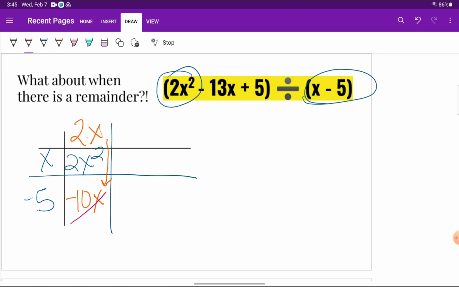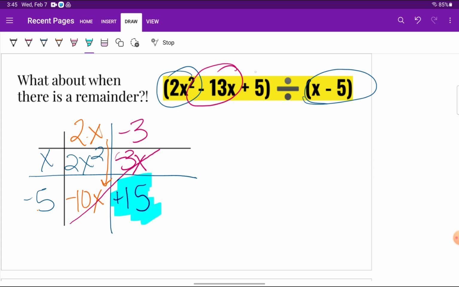Negative 10x plus something is negative 13x, so I need negative 3x. What do I multiply by? x times negative 3 gives me negative 3x. Negative 3 times negative 5 is positive 15. That positive 15 is not the 5 we needed.